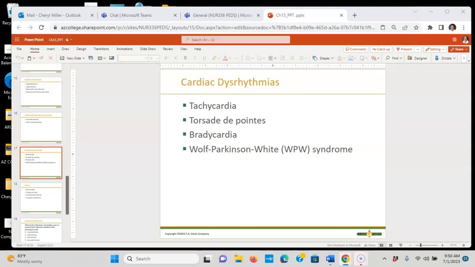So ventricular tachycardia would be ventricles, loss of consciousness, and sudden death. So that's not good. Torsades de pointes is your QT interval. That's always a magnesium issue. When your magnesium gets too low, you end up in torsades de pointes.